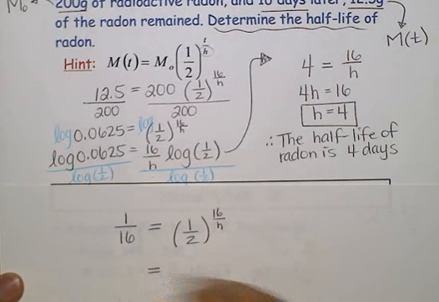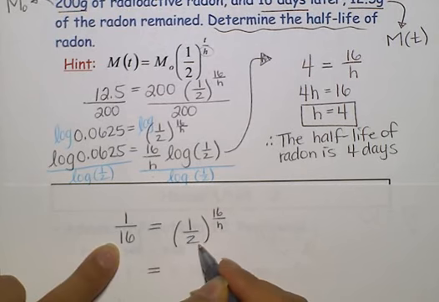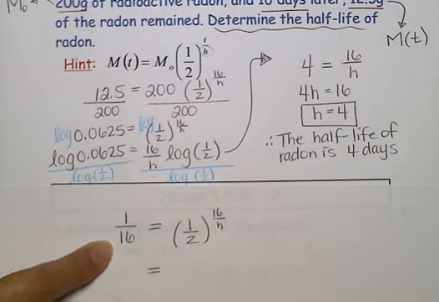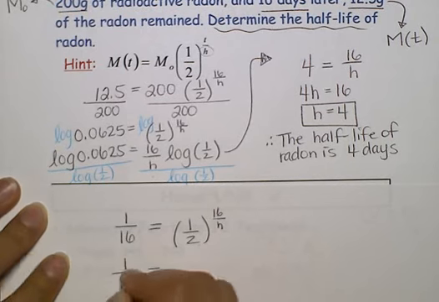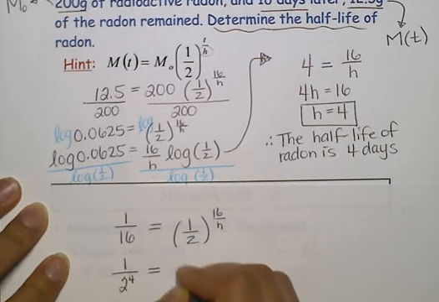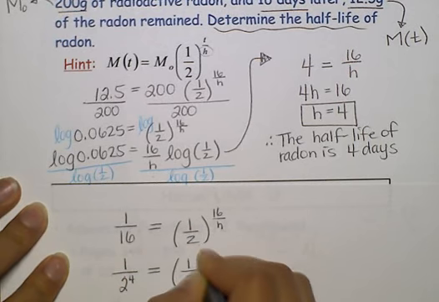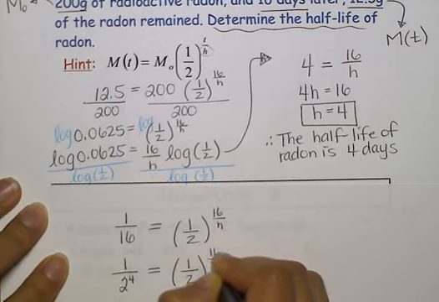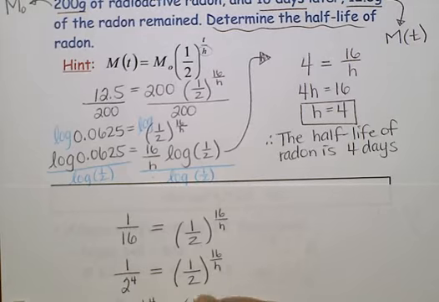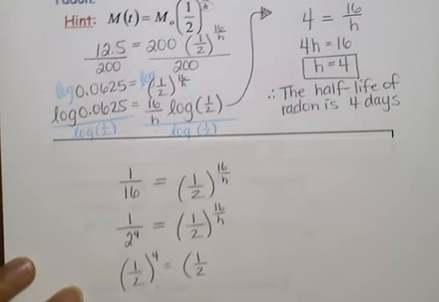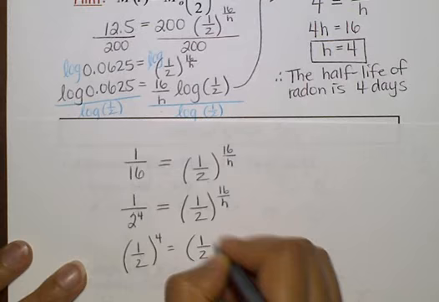That's pretty straightforward because the denominators are values that can be written with the base of 2. So instead of writing 16, I could have rewritten this as 1 over 2 to the exponent 4 equals 1 over 2 to the exponent 16 over h. This is the same thing as writing 1/2 to the exponent 4 equals 1/2 to the exponent 16 over h.